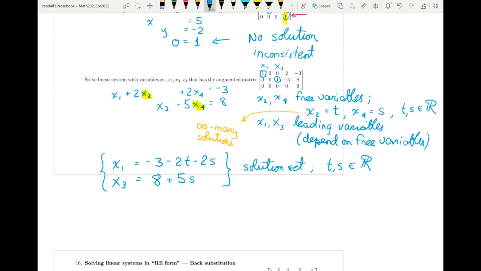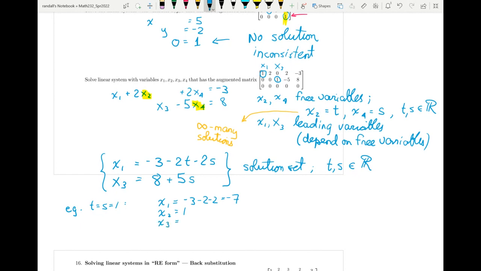So let's just take an example. Let's take t and s to be 1. What that means in my solution set is x1 is equal to -3 minus 2 minus 2 equals -7. x2 was a free variable, t, and I selected t to be 1, so I'll just write that down.